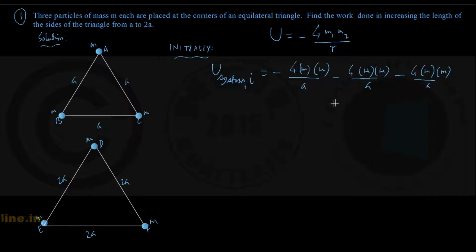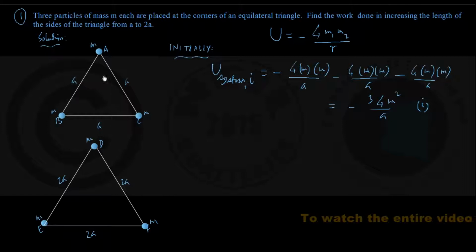You add them up. This is a simple arithmetic addition because potential energy is a scalar quantity, and you are getting it to be minus 3 G m square by A. Is it not? This is the initial potential energy for the three-particle system placed at the corners of an equilateral triangle of side length A each.